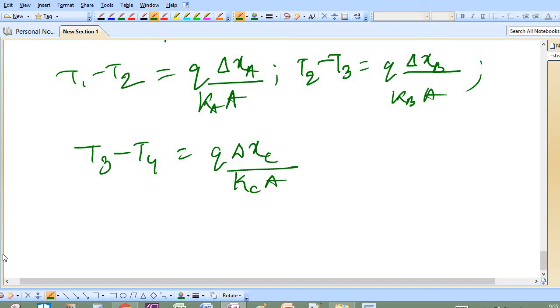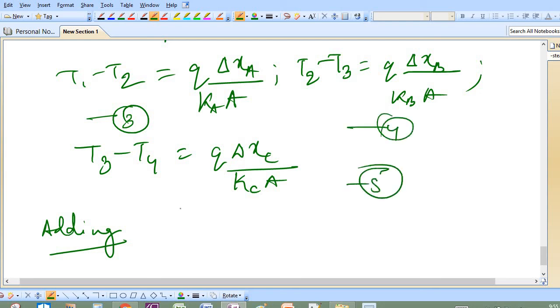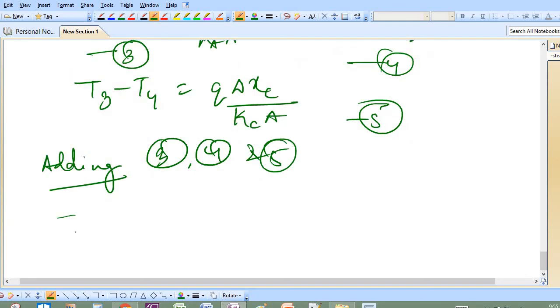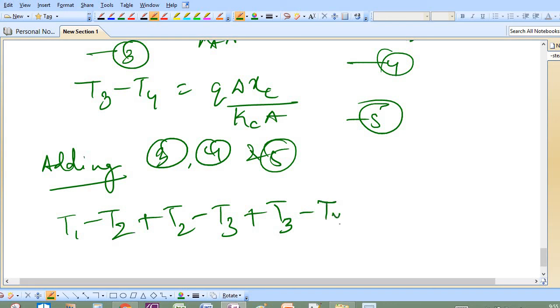Now, if we write these as equation number 3, equation number 4 and equation number 5, and add 3, 4 and 5, what do we get? T1 minus T2 plus T2 minus T3 plus T3 minus T4.